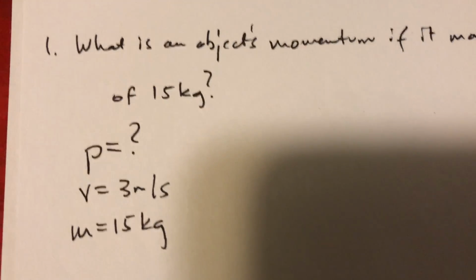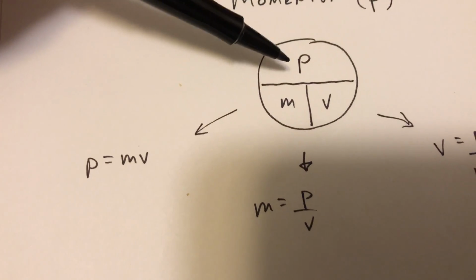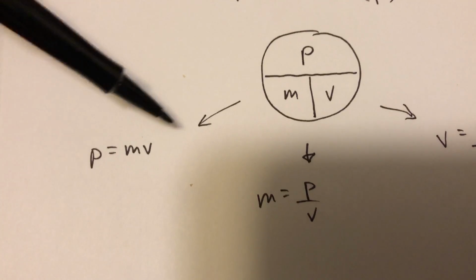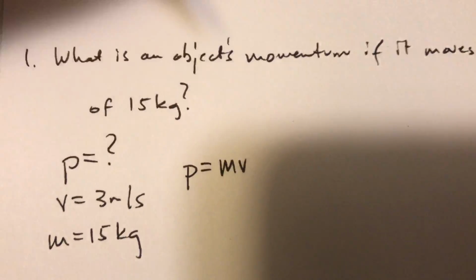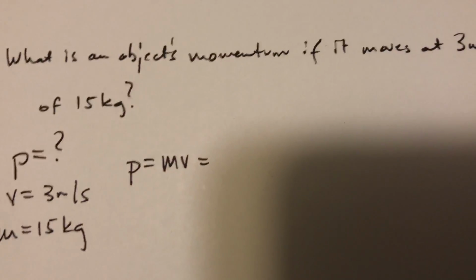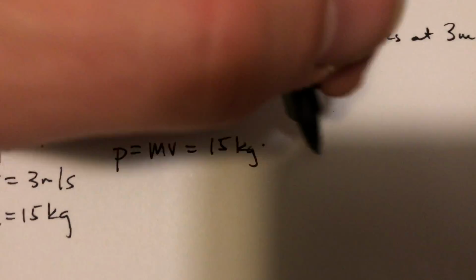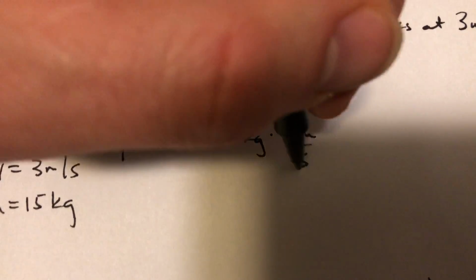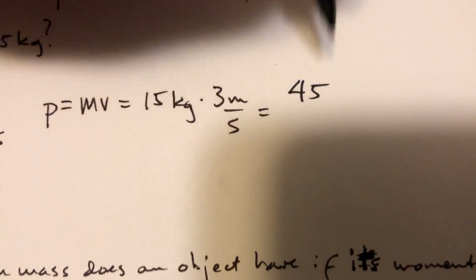All right, well, let's look at what equation we should use. Again, we're looking for momentum. P equals mv. M and v are next to each other. So I'm going to write down P equals mv. Now I just substitute my numbers in, and I go 15 kilograms times 3 meters per second. 15 times 3 is 45.